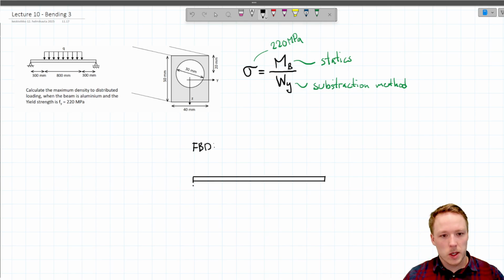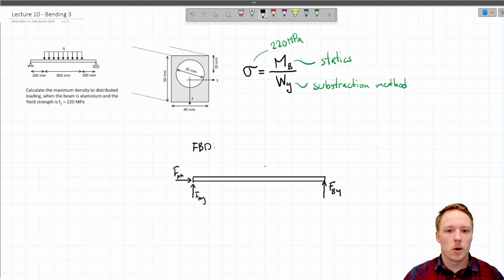On the left hand side we have FAY, FAX, and on the right hand side we have FBY. And now in statics, you remember that you can combine the distributed loading as an equilibrium or as a local point load.